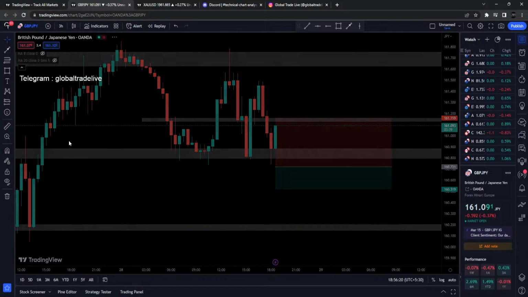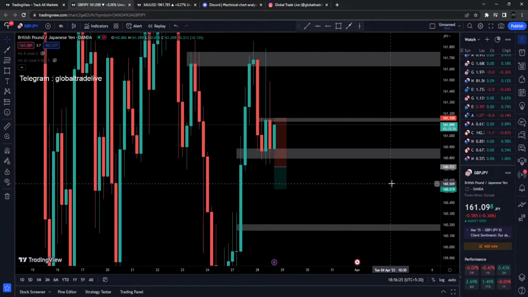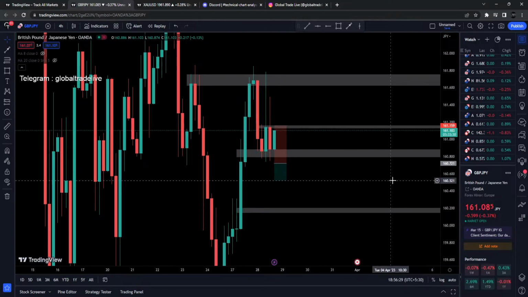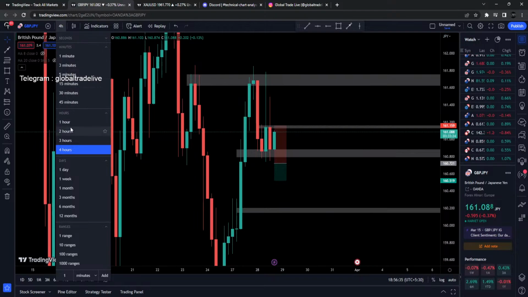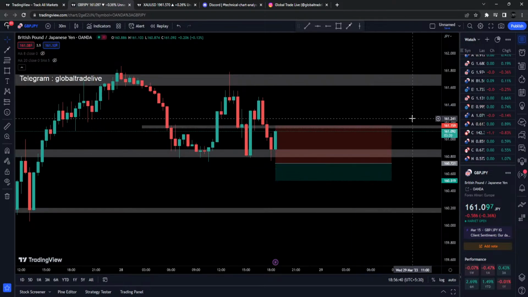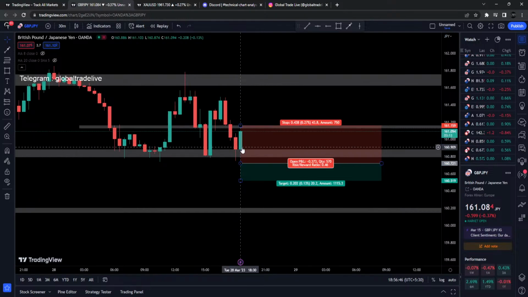And let's have a look at the 4-hour time frame. The 4-hour looks pretty strong right now. See, before a session opening, like NYSE is about to open in 4 minutes, we are witnessing some volume coming in, right?